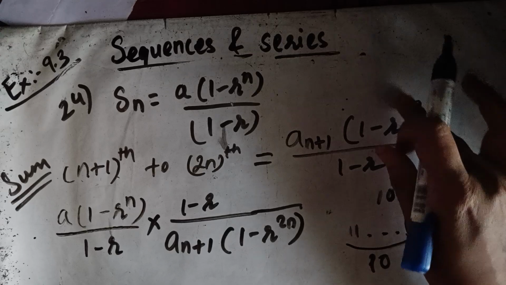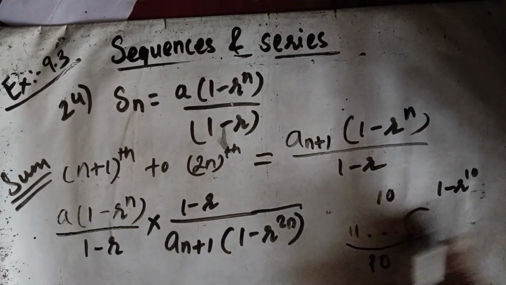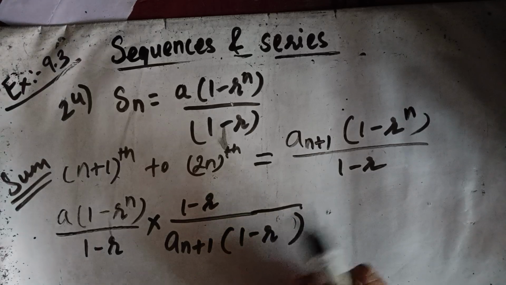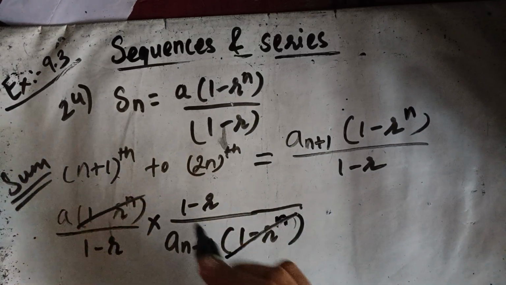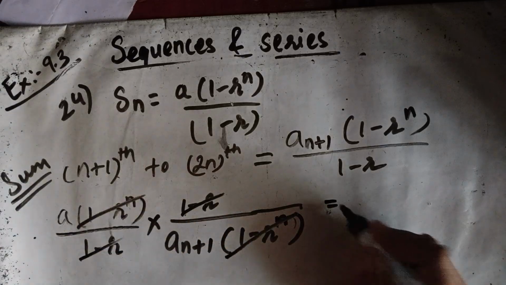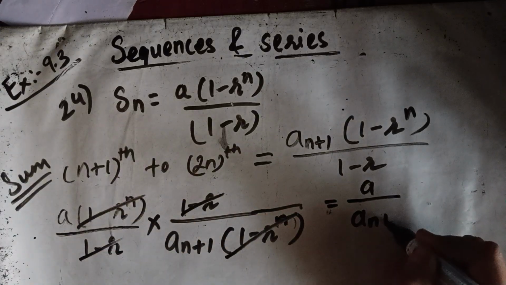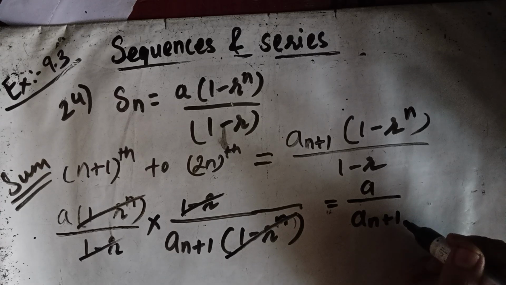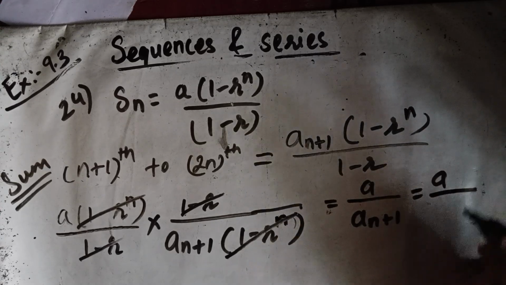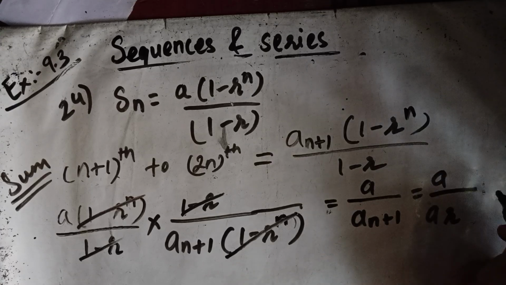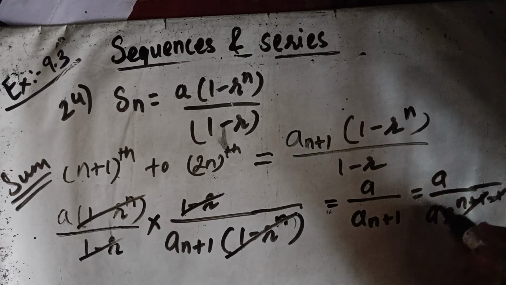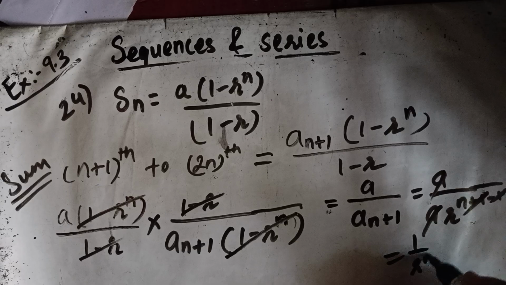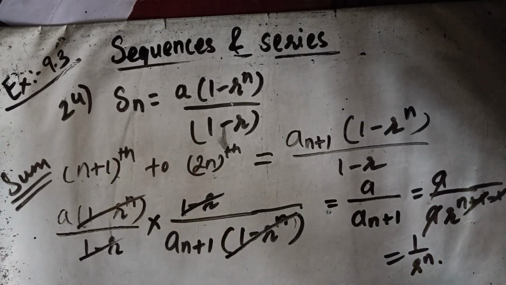So here you have to write n only, not 2n. So you can cut this, a upon a n plus 1. Now the n plus 1 th term you can write using GP as a r raised to n plus 1 minus 1. So this will be like this, 1 upon r raised to n. Okay, so this is the ratio.